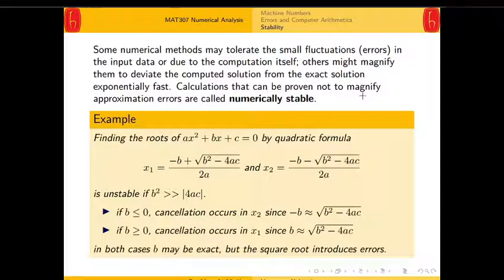Okay, the stability. Some numerical methods may tolerate small fluctuations or errors in the input data, or due to the computation itself.